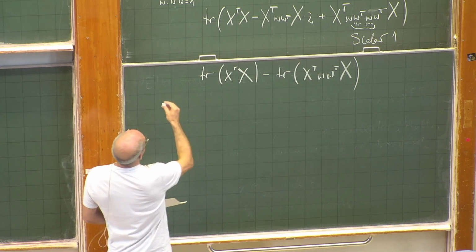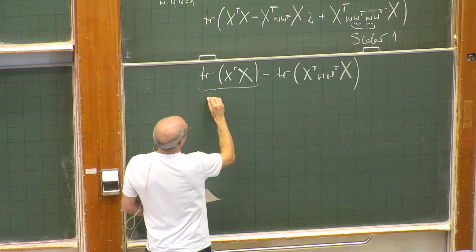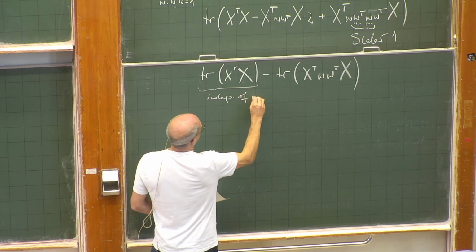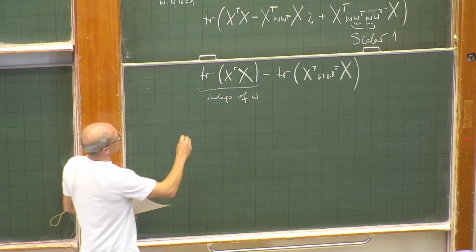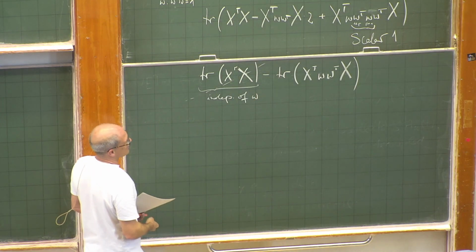So this is still our optimization problem, but this part here is independent of W. So if we want to minimize with respect to W, I can simply ignore the term on the left-hand side.